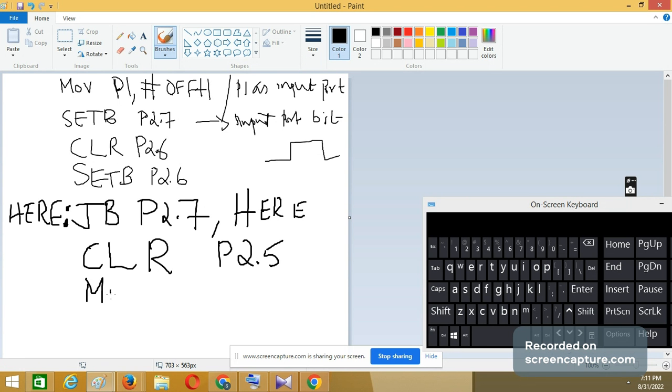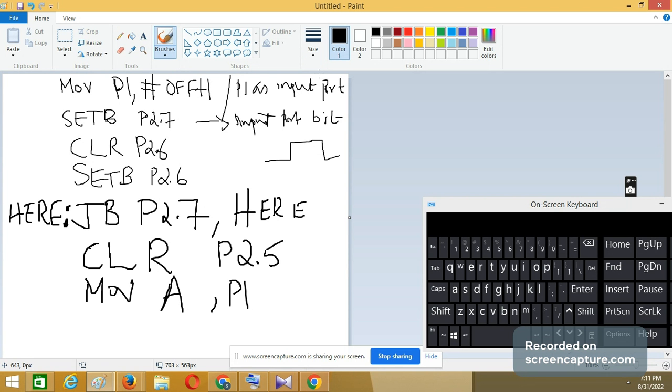Take it to the accumulator. It is reading through P1. Take it to A. Then this digital data will be 11111111. So you have to convert it to hex or ASCII because as bits you cannot display it anywhere.